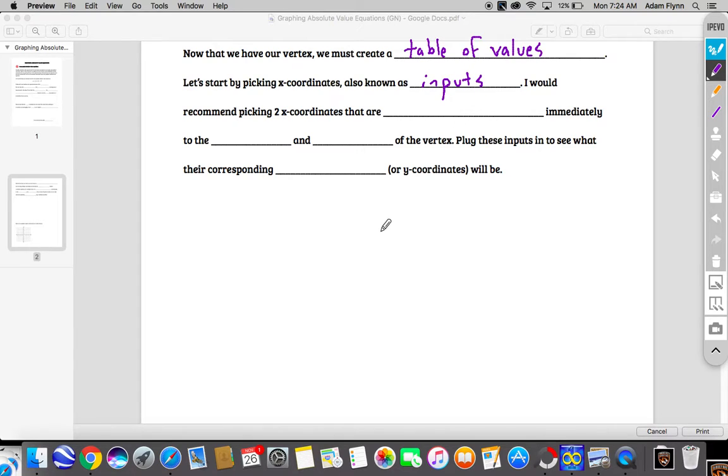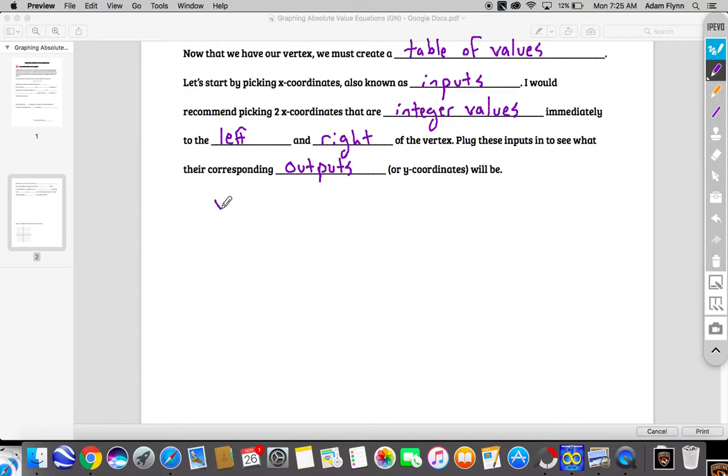I would recommend picking two x coordinates that are integer values, so a whole number that is positive or negative, immediately to the left and right of the vertex. Plug these inputs in to see what their corresponding outputs, also known as y-coordinates, will be.